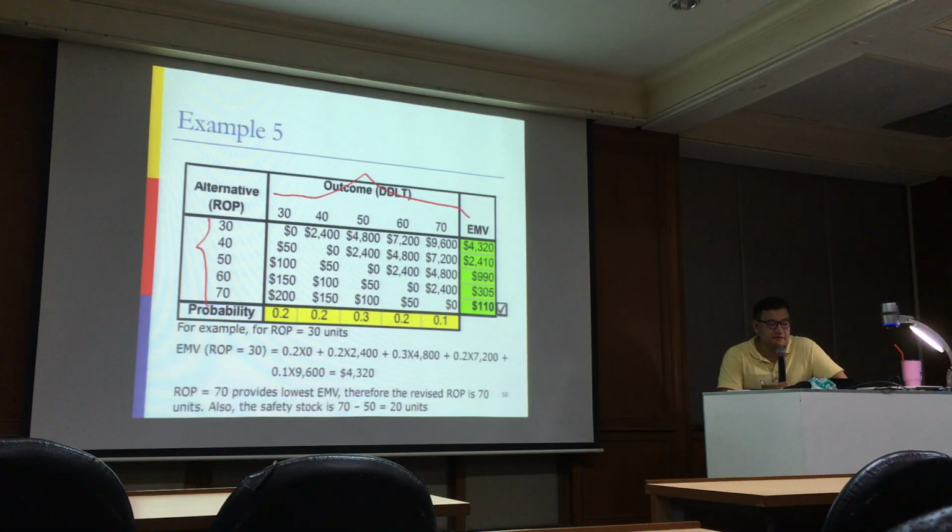We consider case by case. For example, how does this number come from? If the reorder point is 30 units and the demand during lead time is 30 as well, both are equal, so there is no cost, and that's why the cost is 0.